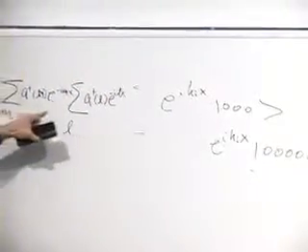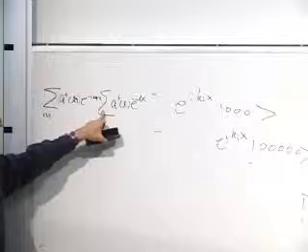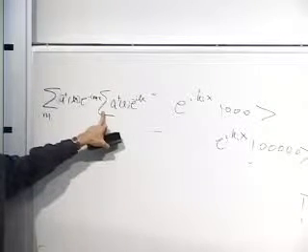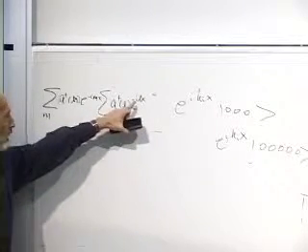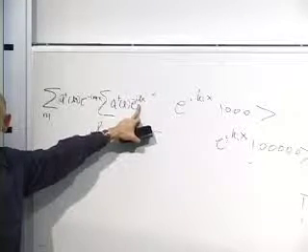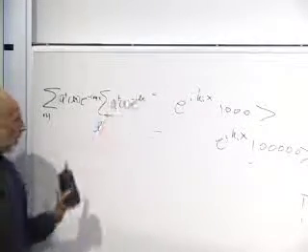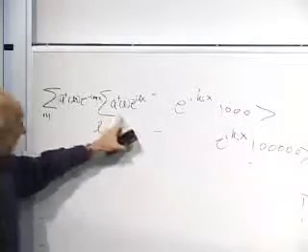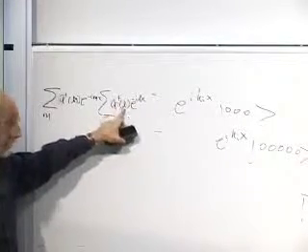Okay, now what do these do? It puts in a particle of momentum L. That's what A plus of L does.